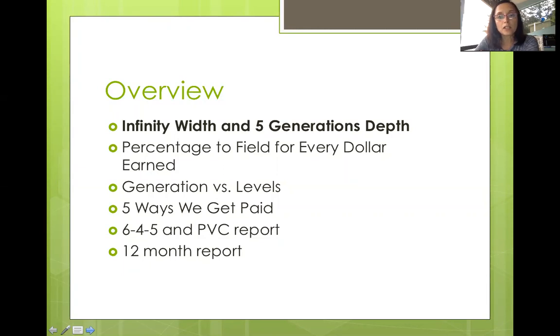So infinity width is really important that way. I'm going to talk a little bit later about 5 generations depth. I'm going to hold that for the generations versus levels talk. So if you hear infinity depth, you might go, well, we only get paid 5 deep. How good is that? I'll show you why that's good.